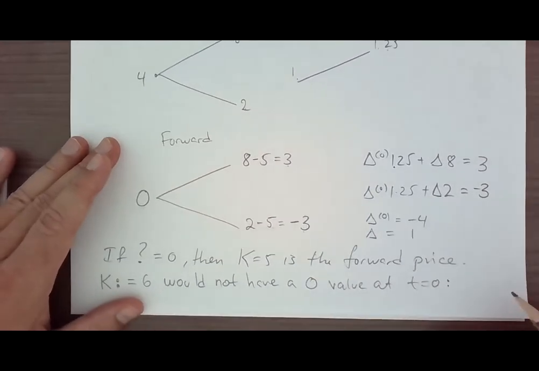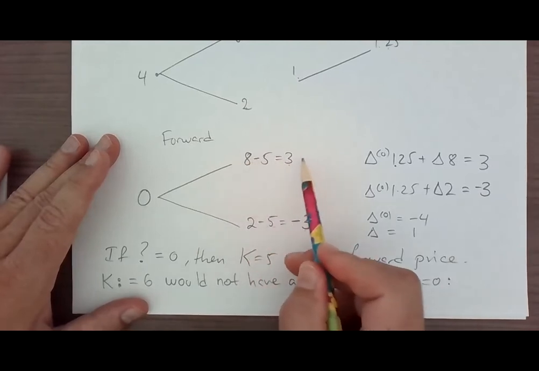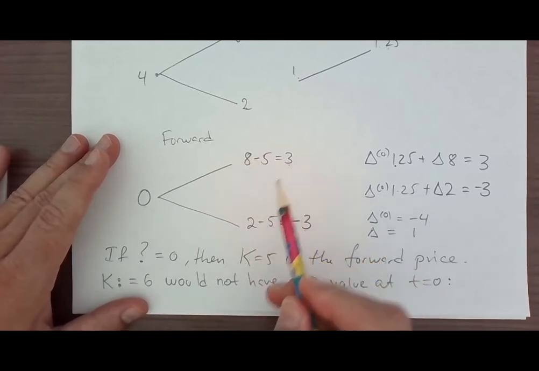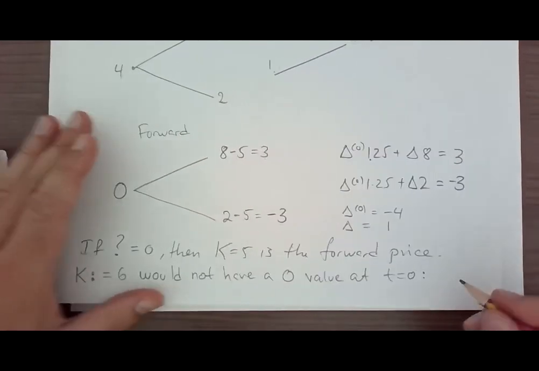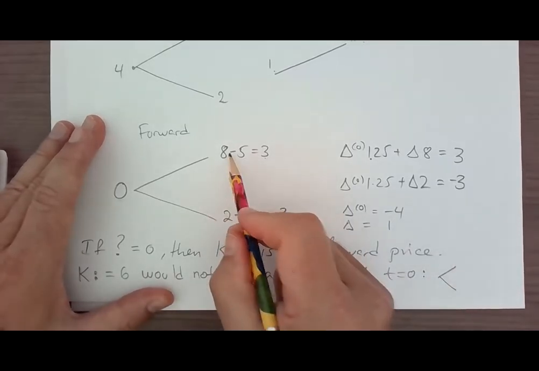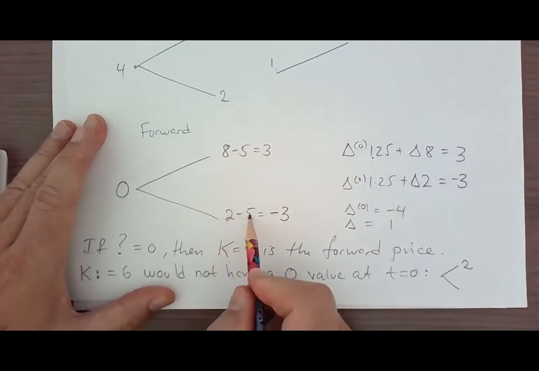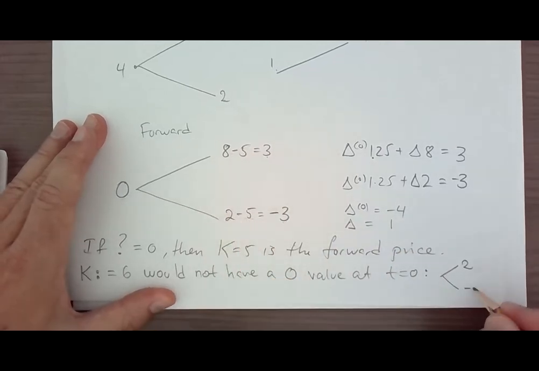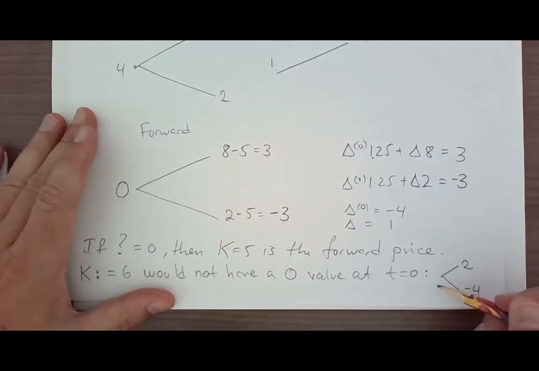What would change is that I'll have 8 minus 6, so that will give me a 2. And I'll have 2 minus 6, this will give me minus 4. I have 8 minus 6, so that would be a 2. And I'll have 2 minus 6, that will be a minus 4. What is the value of this payoff at time 0?